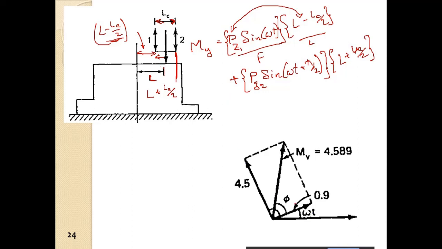So this is the reduced moment, and its magnitude is 0.9, as given here. The other one is 3 into L plus LC by 2, which is 4.5, and obviously it is also at a phase difference of pi by 2.